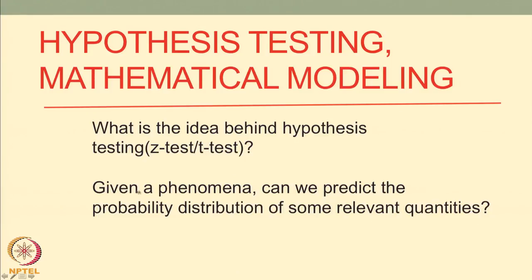And in the second part, we would discuss, given a phenomena, can we predict the probability distribution of some relevant quantities? Because we are always computing things from probability distribution, and now can we get the probability? How do we know what is the probability distribution given a phenomena? So, these are the things that we would try to answer.